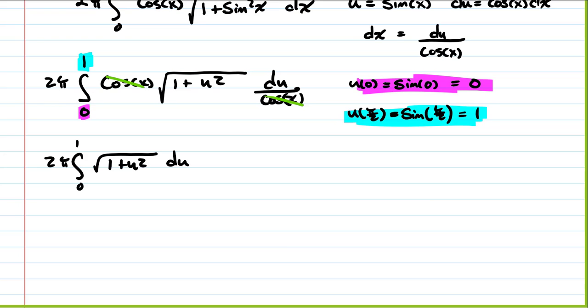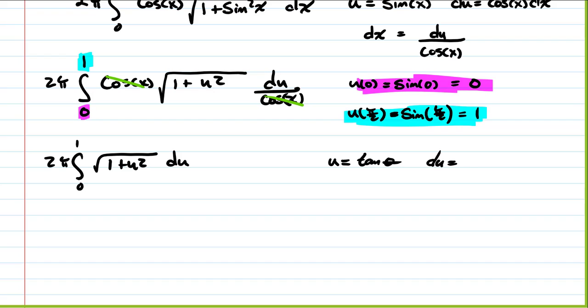Well, we've got a square root, and what do we have underneath it? 1 plus u squared. So this looks an awful lot like what? Trig substitution. So which trig substitution goes with a constant squared plus x squared? Yeah, so this is our tangent. So we let u equal to the tangent of theta.